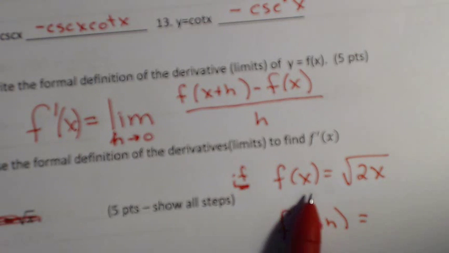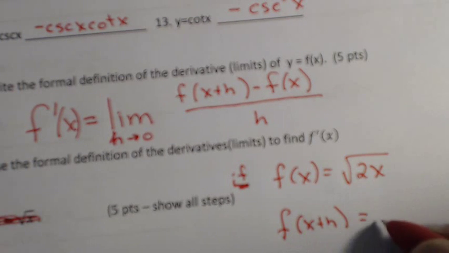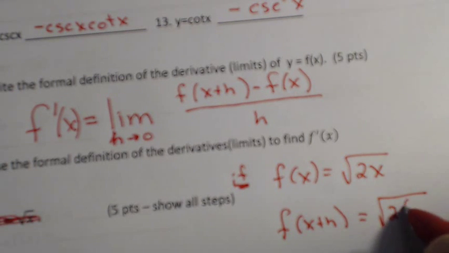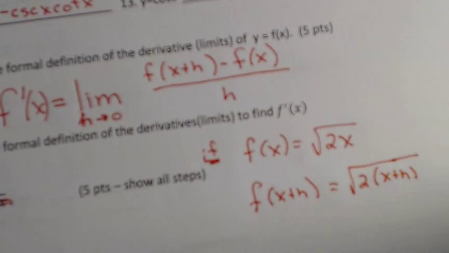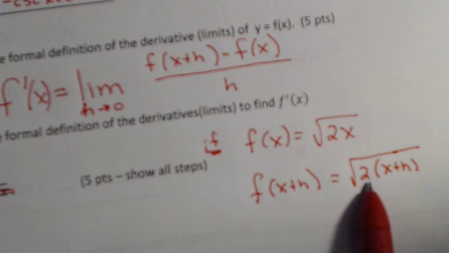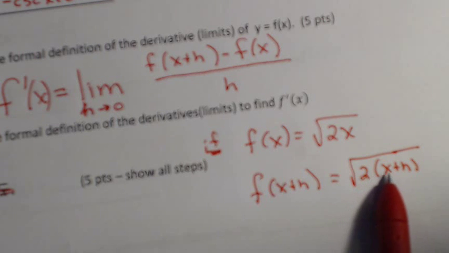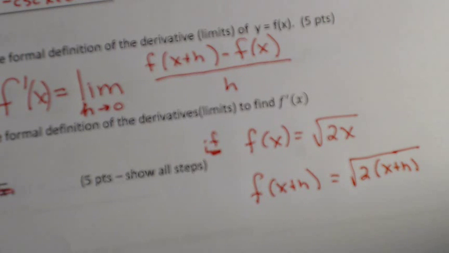So x plus h has replaced that x. So this is the square root of 2 times the quantity x plus h. Are the parentheses required? Yes, they are, because if you don't, you're going to just get 2x plus a single h, whereas this would distribute into 2x plus 2 h's. Okay, and that'll be important.